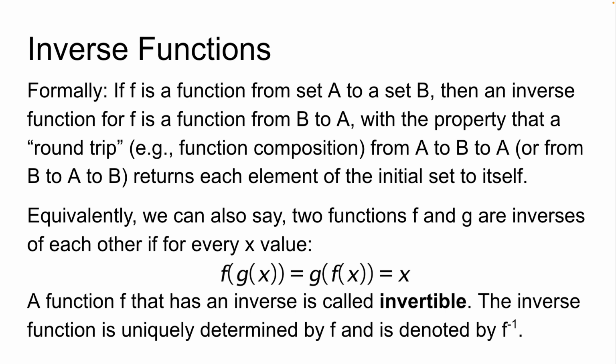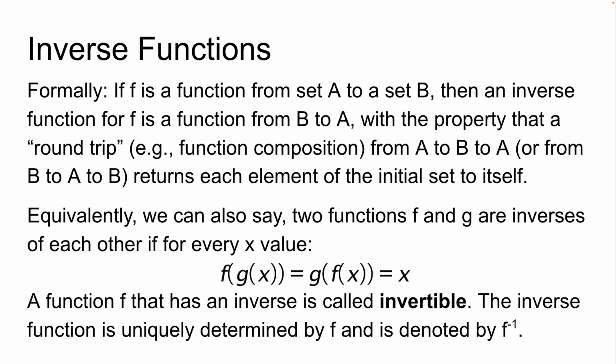Equivalently, we can also say that two functions f and g are inverses of each other if for every value of x, if we take f of g of x or g of f of x, we end up back where we started with x.